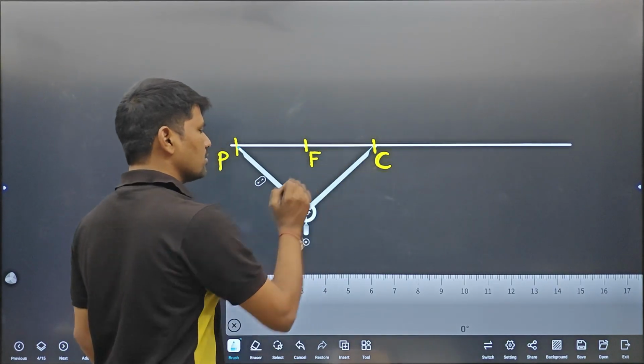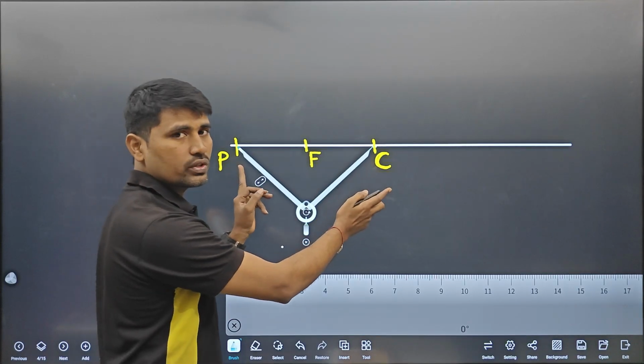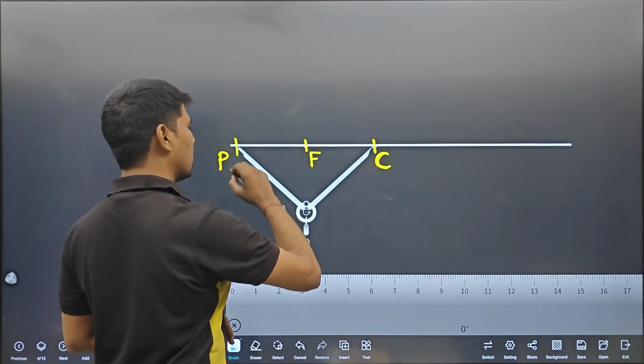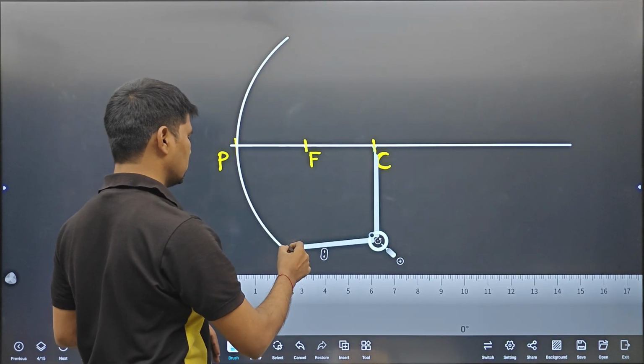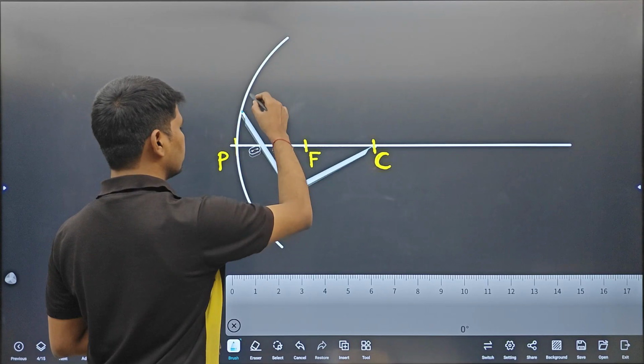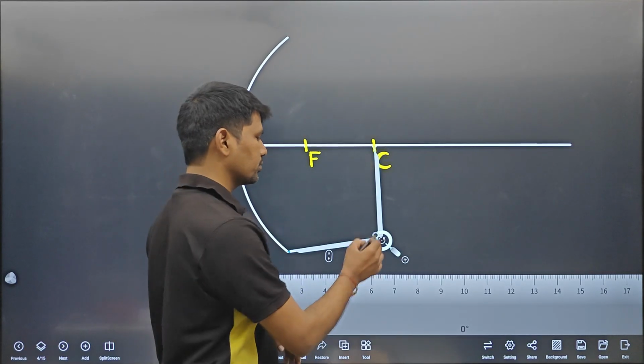This is a compass. With the help of the compass, from the center, radius 4 centimeters, we have to draw an arc. Right, like this. See, getting an excellent diagram. So draw an arc. Now this is nothing but the curvature.